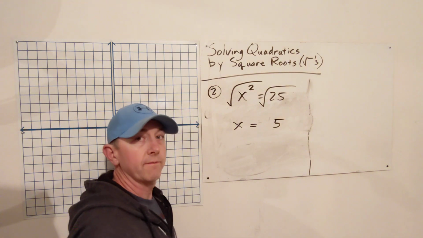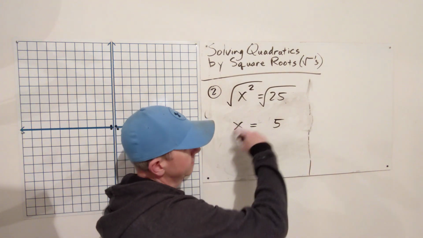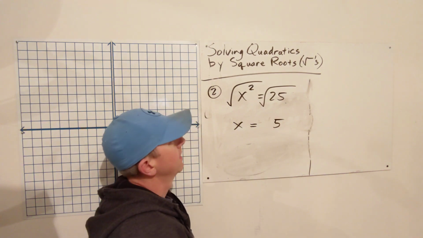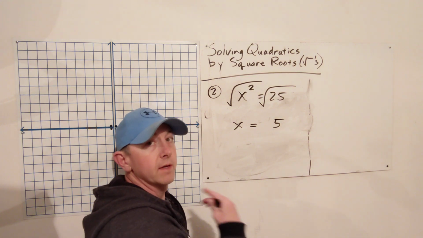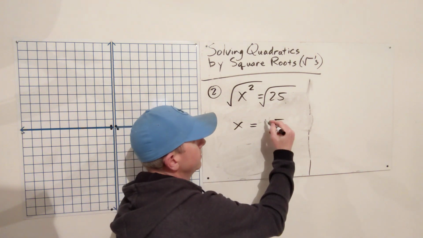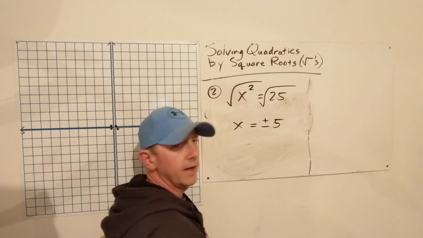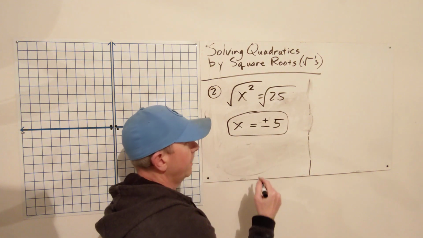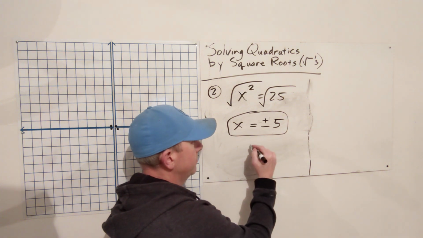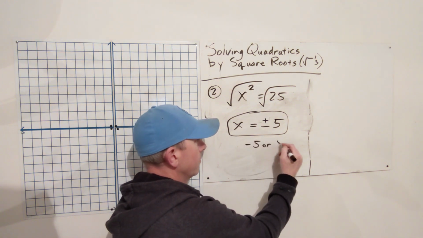Now, one thing that we can't forget here is a lot of times, sometimes students will just circle that. But the issue is that anytime you bring the radical into the equation, it wasn't there to start with. When you bring in the radical, you have to account for positive and negative 5. So when you see this sign, that means plus or minus 5. What that's really saying is that could be negative 5 or positive 5.